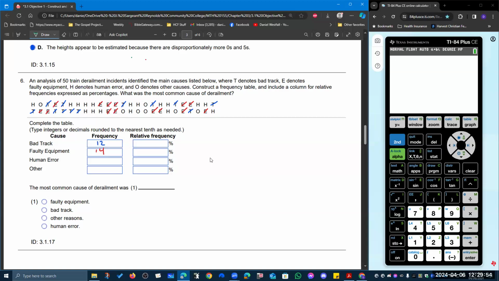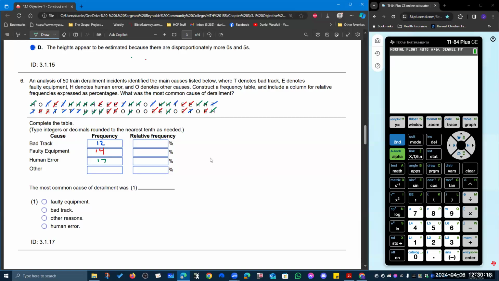The next one, human error, would be H. So 1, 2, 3, 4, 5, 6, 7, 8, 9, 10, 11, 12, 13, 14, 15, 16, 17.